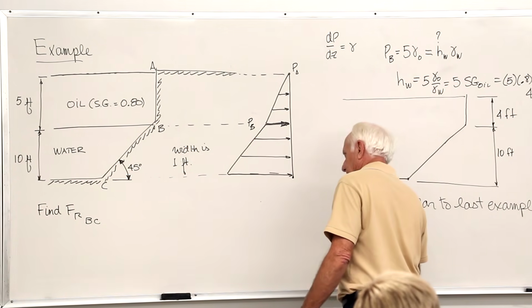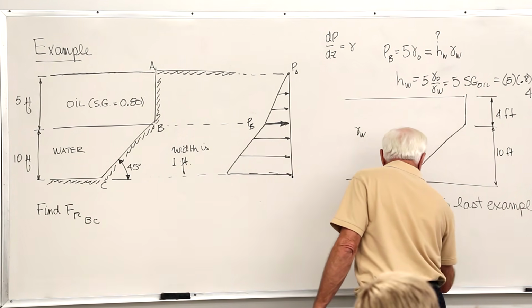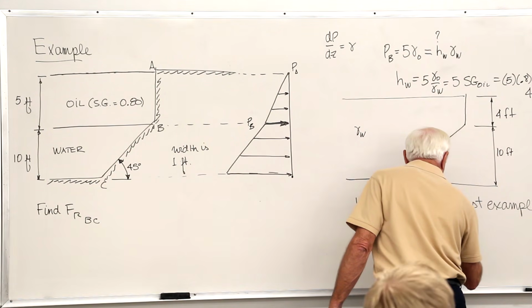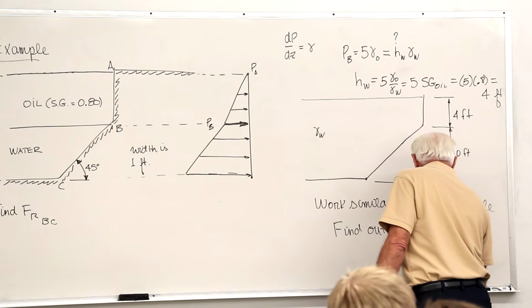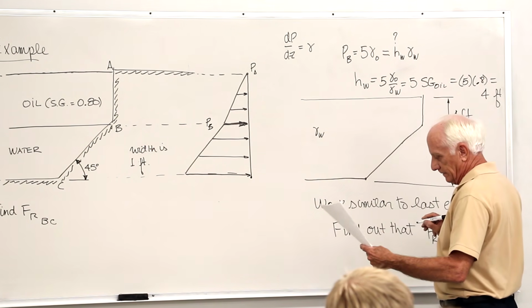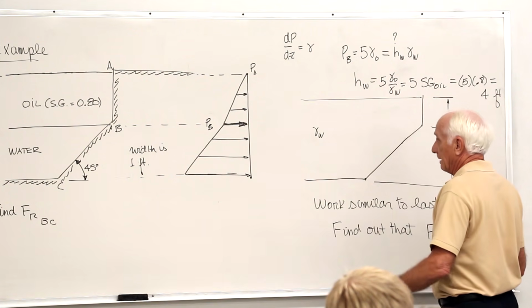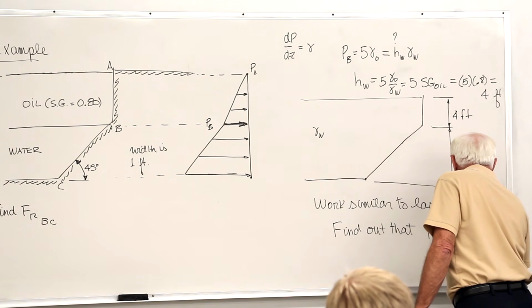The answer is F sub R on BC is 562 times the area. I didn't get the area, but you can get the area.